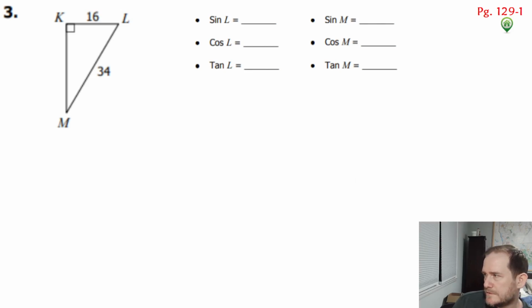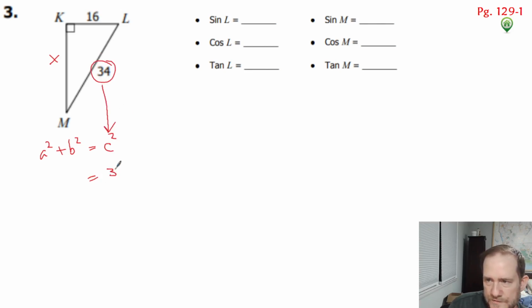So if I were you, I would call that missing side x. And plugging into the Pythagorean theorem, you would have a squared plus b squared equals c squared. And just never forget, never ever forget, that the hypotenuse has to get plugged in for c. So you're doing a 34 squared. Then you're taking the x and the 16 and plugging them in for a and b. So you have an x squared plus a 16 squared.